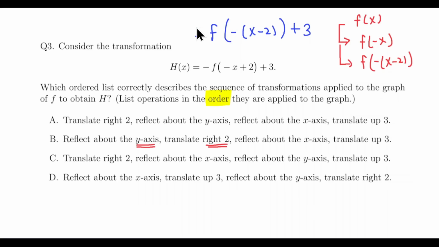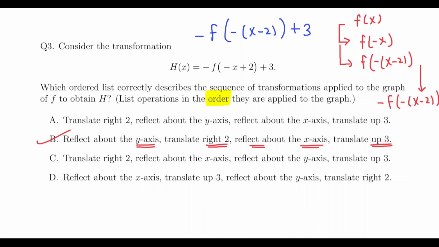Then I'm going to multiply a negative sign outside, and a negative sign outside would mean that I'm reflecting about the x-axis. So there you go, reflect about the x-axis. And finally, you know the deal. I'm going to add 3, which is translating up by 3. And let me give you a pro tip.